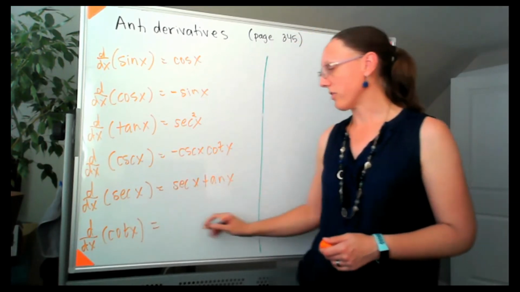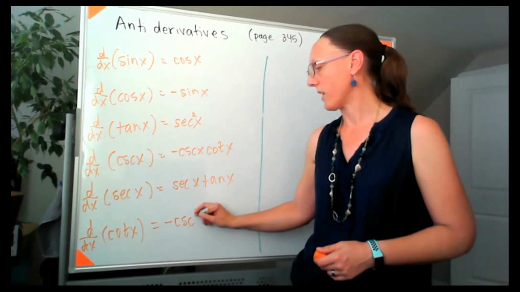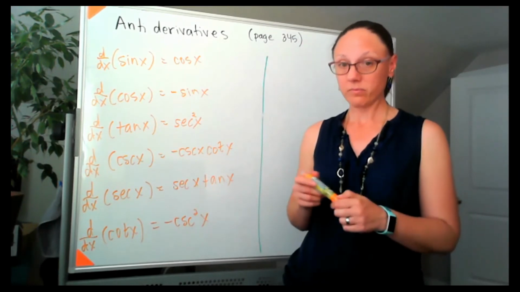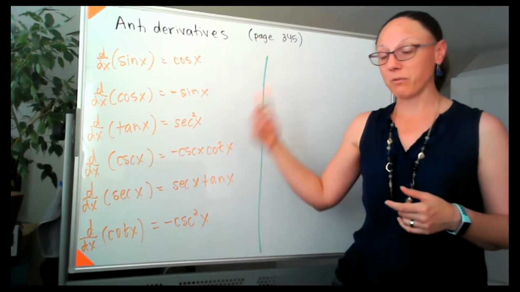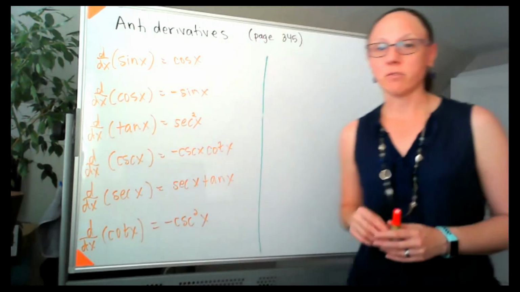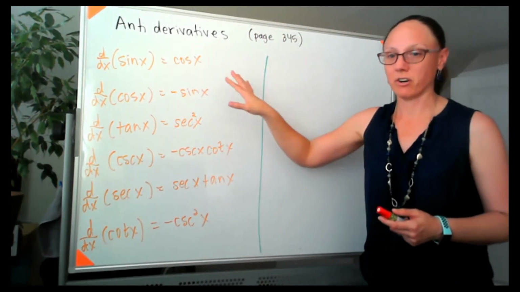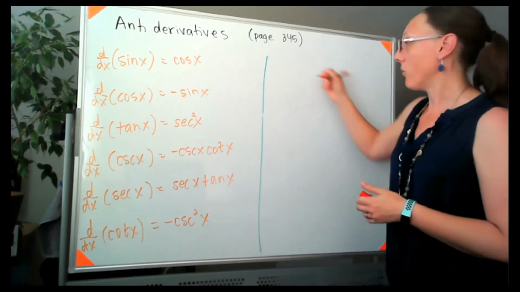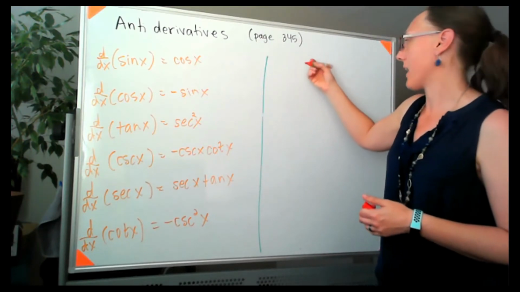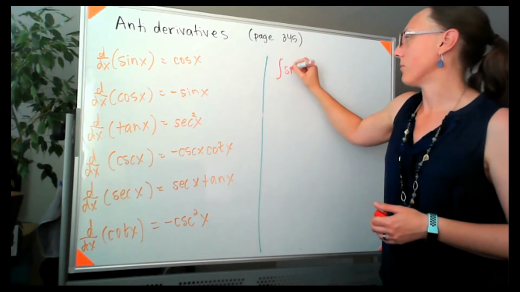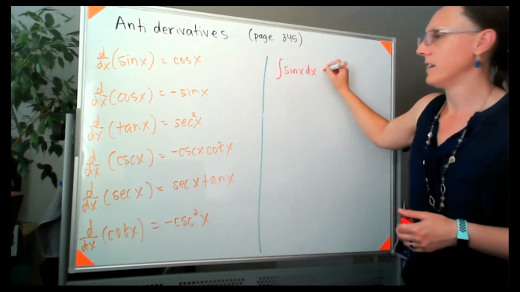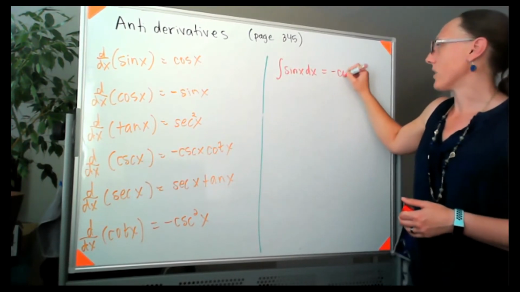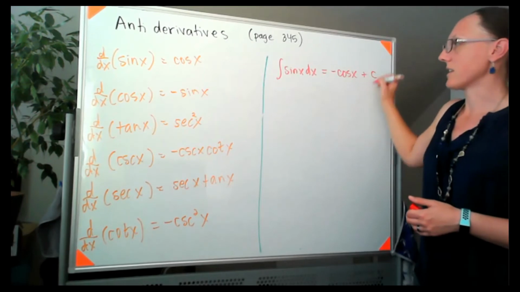Derivative of cotangent of x, negative cosecant squared x. So on page 345, each of these are written in reverse in terms of their antiderivative. So this first one is written as the integral of sine of x dx is equal to negative cosine x plus c.